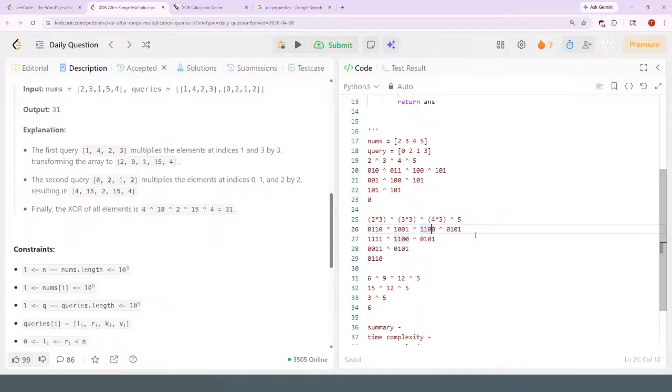I guess probably not. Six times 9 times 12. 6 times 9 becomes 15. 2 times 3 is 6.